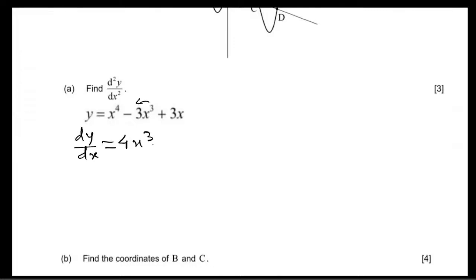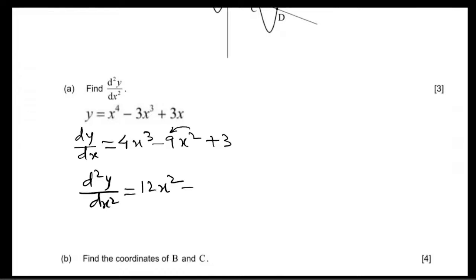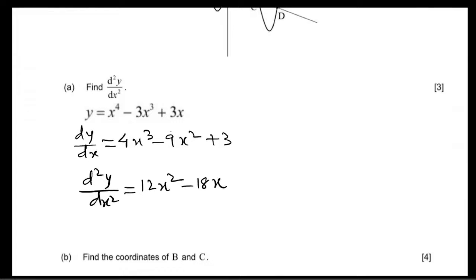Okay, so 3 3 is a 9, minus 9x square, and then 3x will become 3. Right, this is first derivative, and then second derivative will be again differentiated with respect to x. So 3 will come here, 4 times 3 12, x square, 1 less from the power, and then 2 will come here, 9 times 2 18x, right, 1 less from the power, and 3 will become 0. So this is the second derivative.